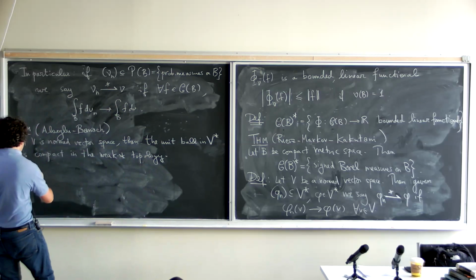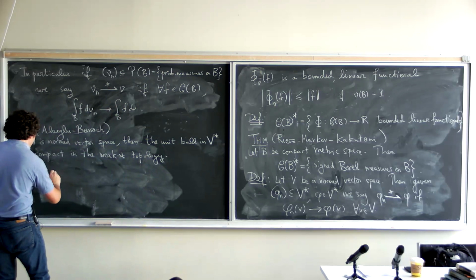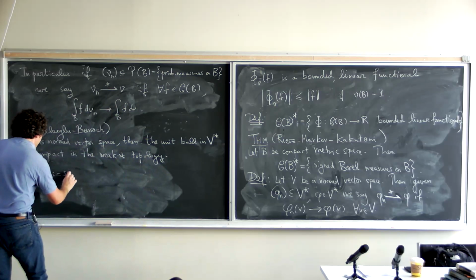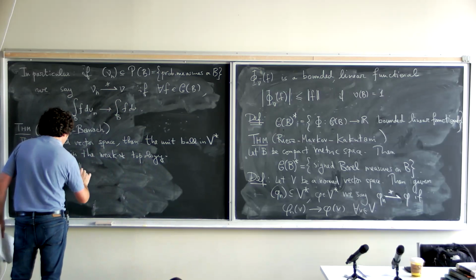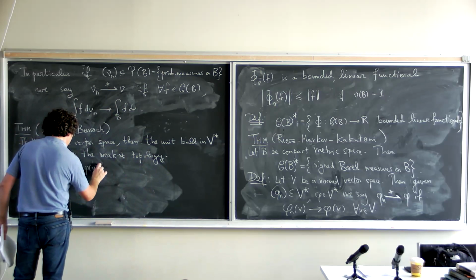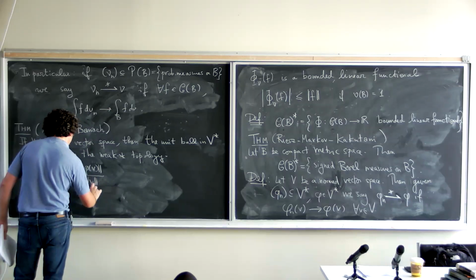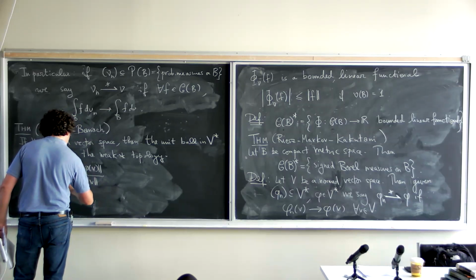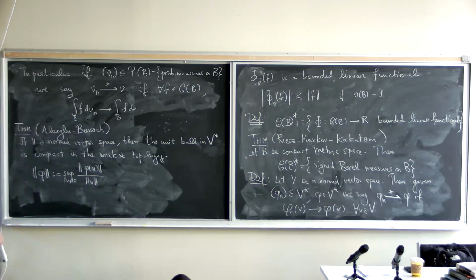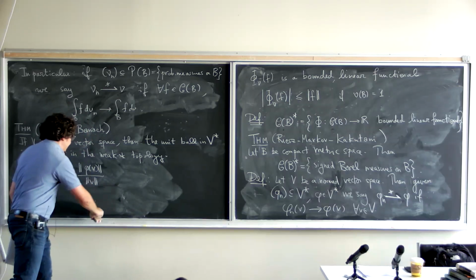Remember that the norm of a functional phi is just the supremum of the norm of phi of v divided by the norm of v. Okay, so this is just to remind you.